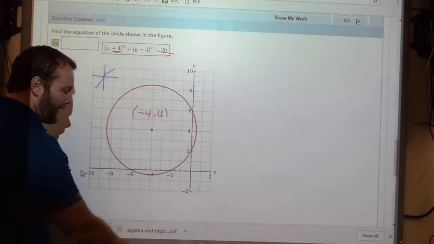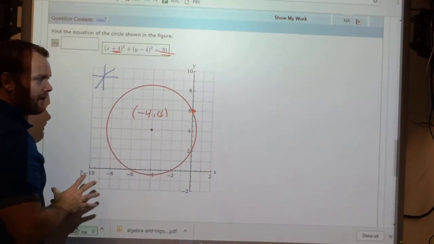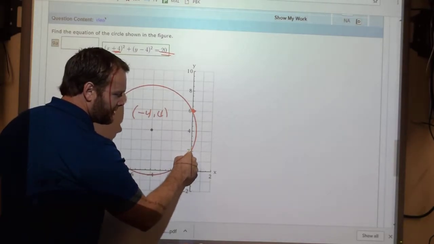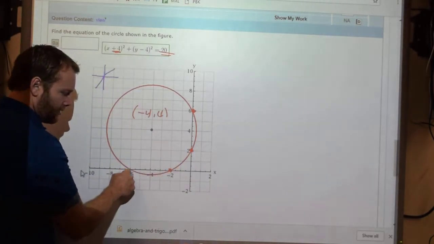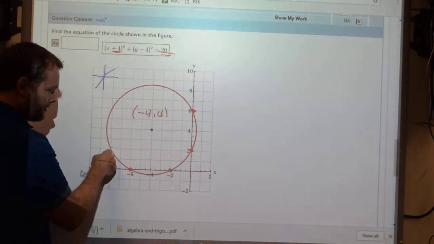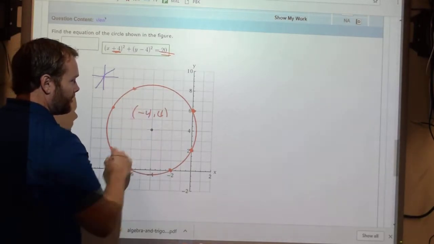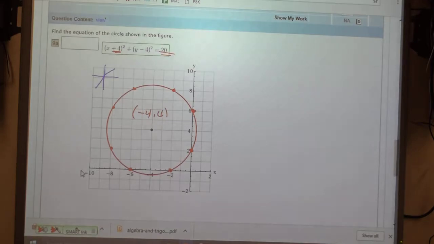So that point there is crossing at two grid lines, and there should be a series of others. There's one, there's one, there's one, there's one, there's one, there's one, and there's one. So those are all maybe convenient points.